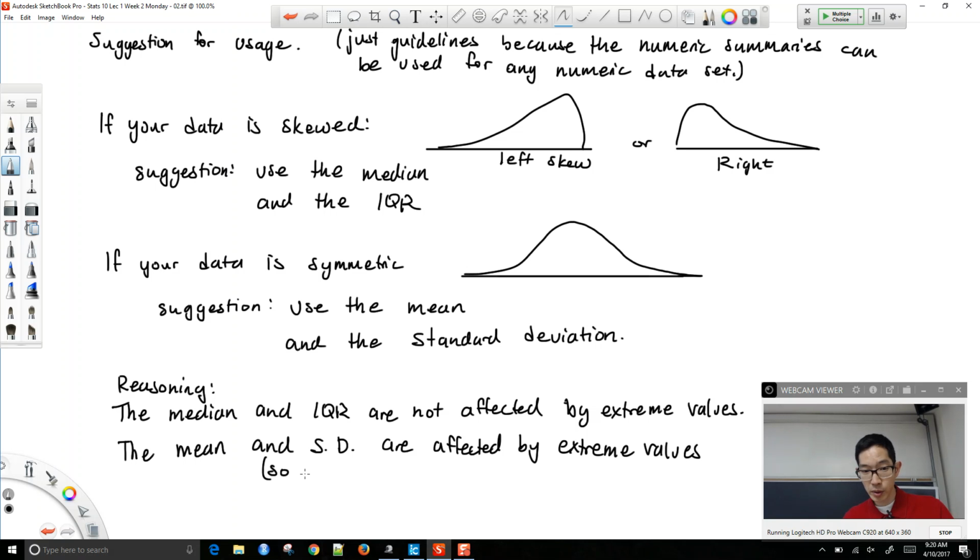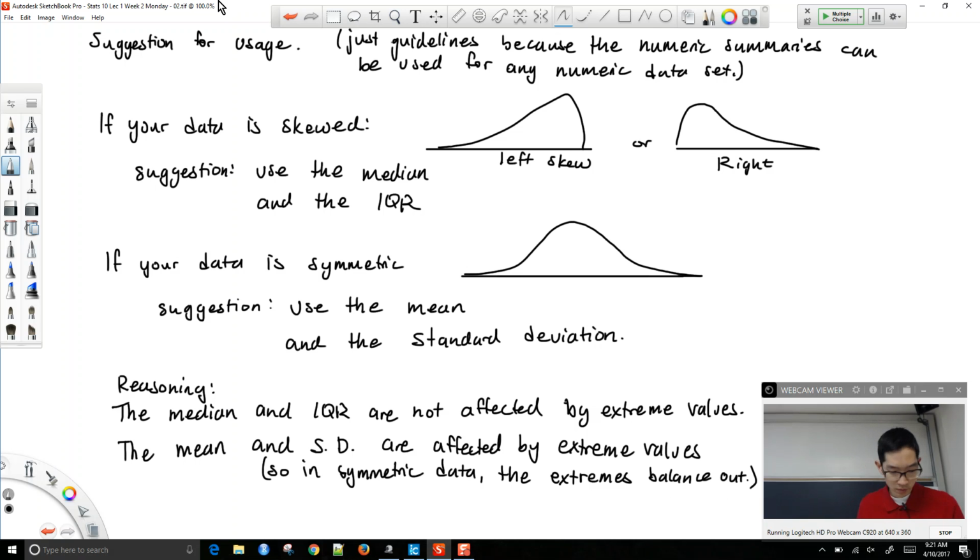So in symmetric data sets, the extremes balance each other out. Okay, so here we go. Those are just suggestions. Again, it doesn't have to be that way.